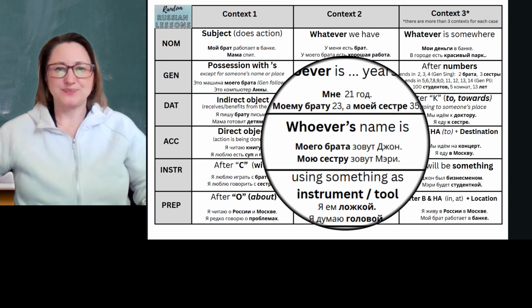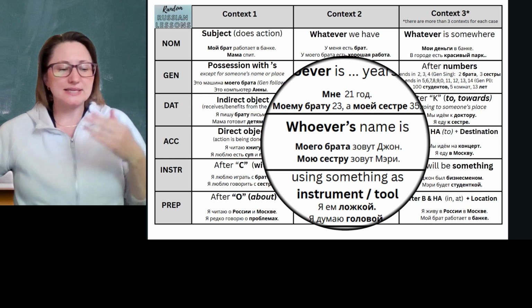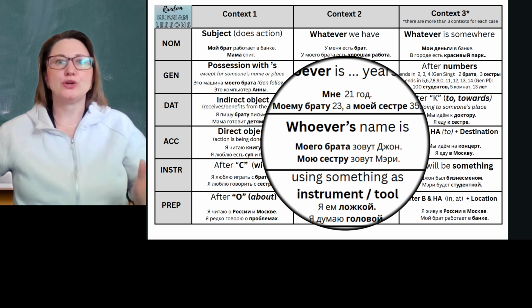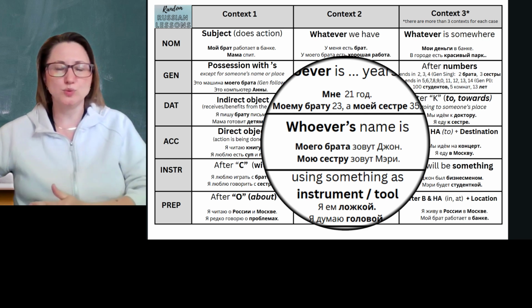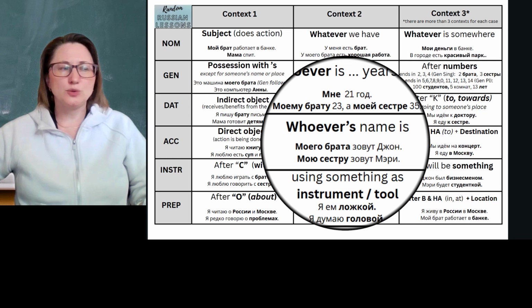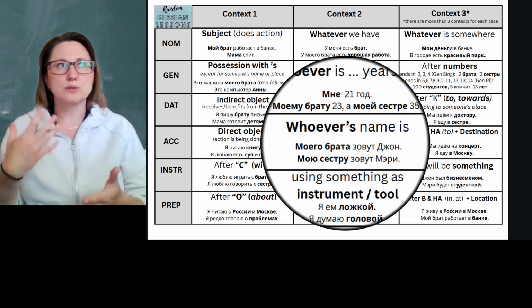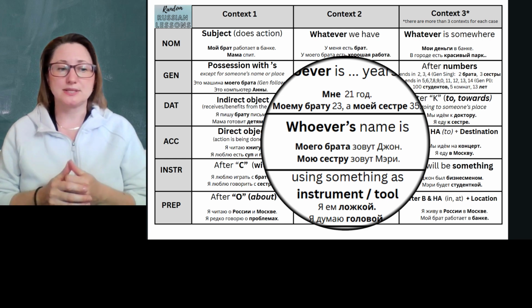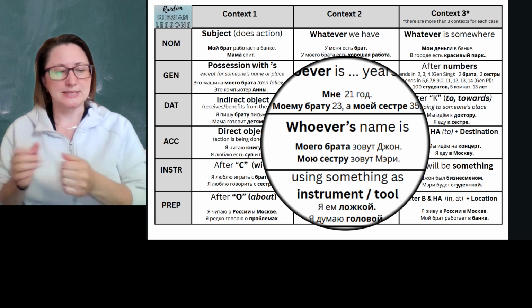Okay, the next one is whoever's name it is. And saying somebody's name or our name, this is something we learned early on. Меня зовут. And if you learned it, you already know that меня зовут is not a direct correspondence to my name is.